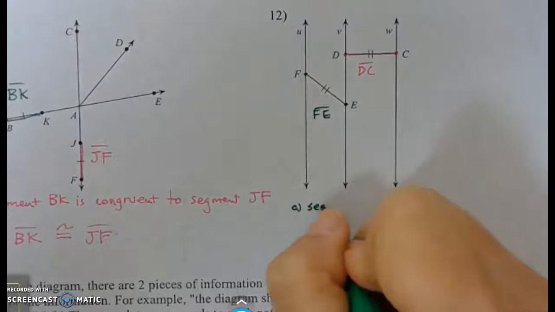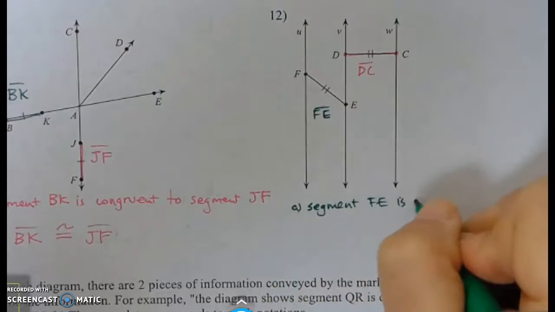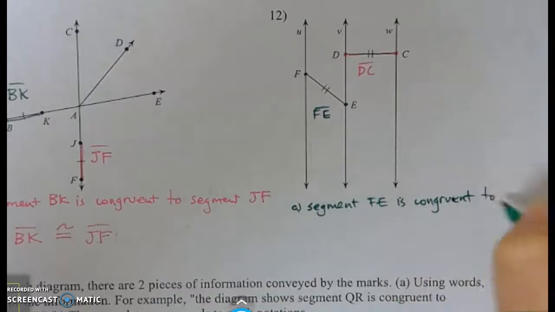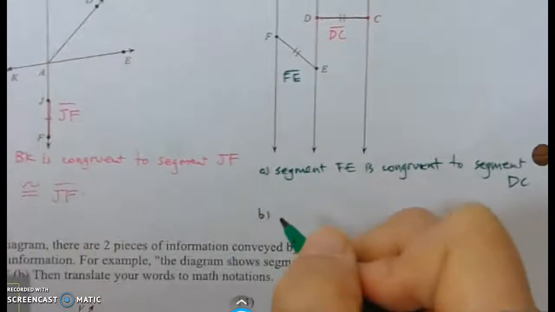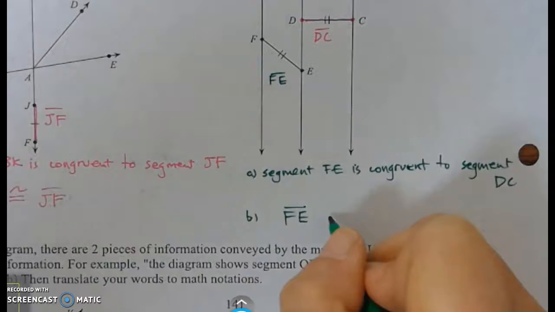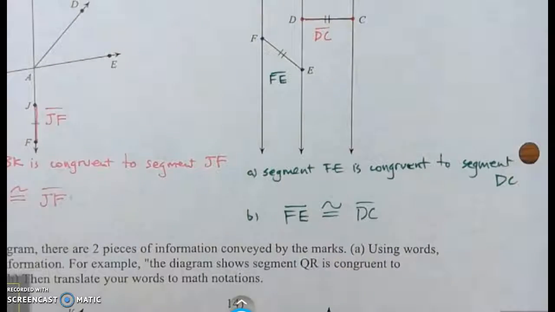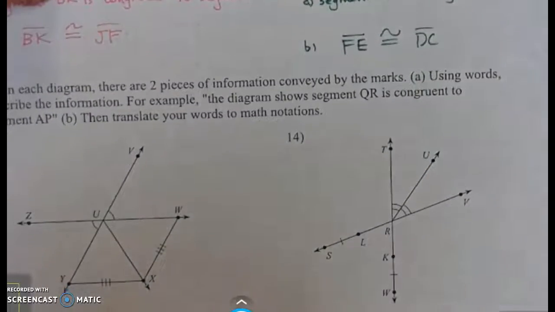So segment FE is congruent to segment DC. Okay, and using the notation, FE, it's a line segment, so draw a line over it with a congruent symbol, and DC with a line over it. Great.